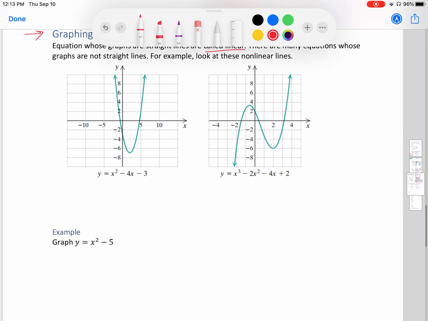This first one comes from a quadratic, and this U-shaped figure is called a parabola. We'll talk a lot more about this in detail in future chapters. Next, we have a polynomial. This one's a cubic. It's called a cubic because my highest exponent is a 3. But it still falls under a polynomial.